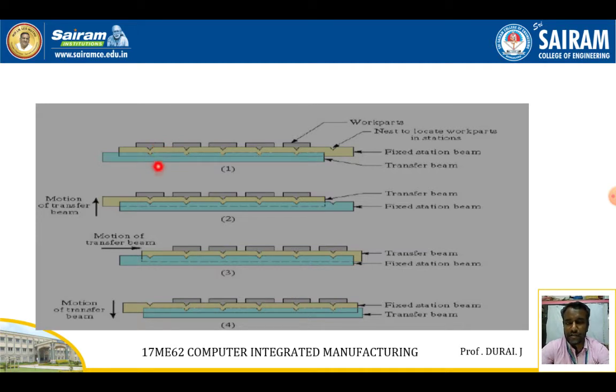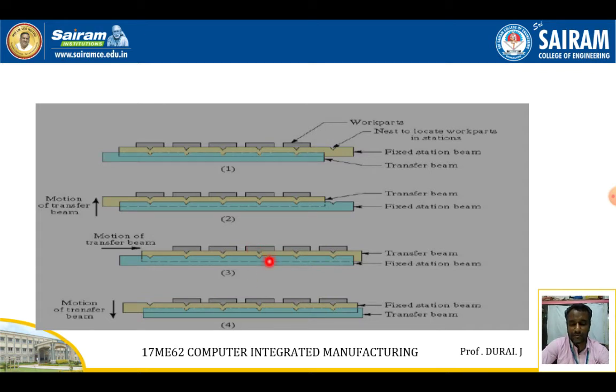The transfer beam goes and engages the work parts. The second drawing shows that it picks the components and moves up, and then moves towards the right side, as the next figure shows. At the next consecutive stations it drops the material.